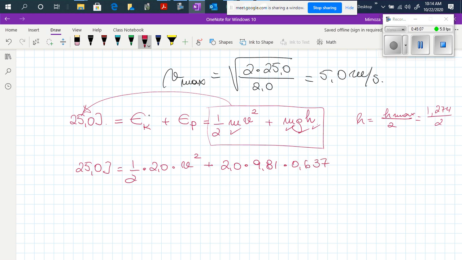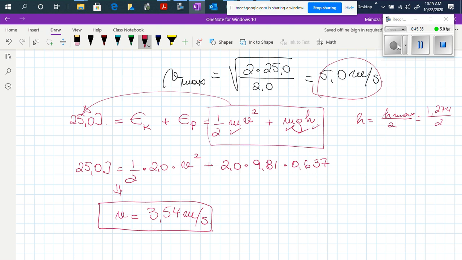From here, we find the velocity, so the speed will be 3.54 meters per second. And just keep in mind that in this situation you cannot have a speed higher than the maximum speed, 5. Even when you see a question on the test, you cannot have a speed that is higher than the maximum speed. Is this clear, guys?